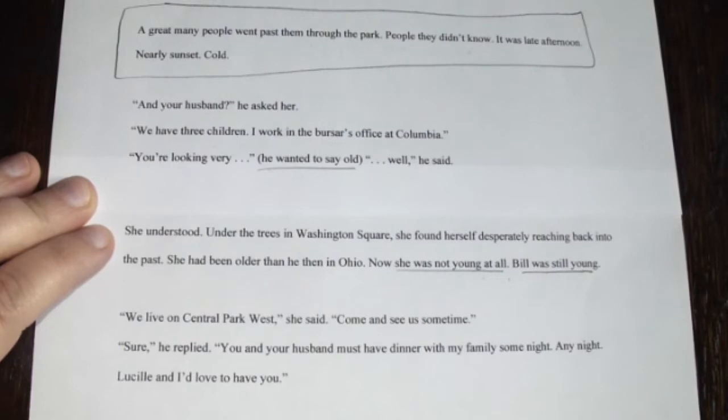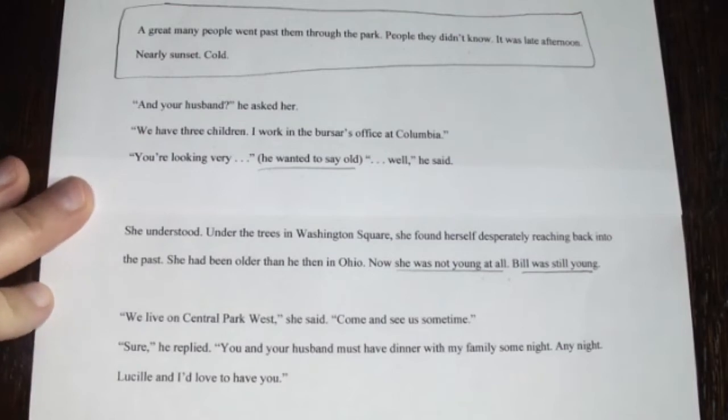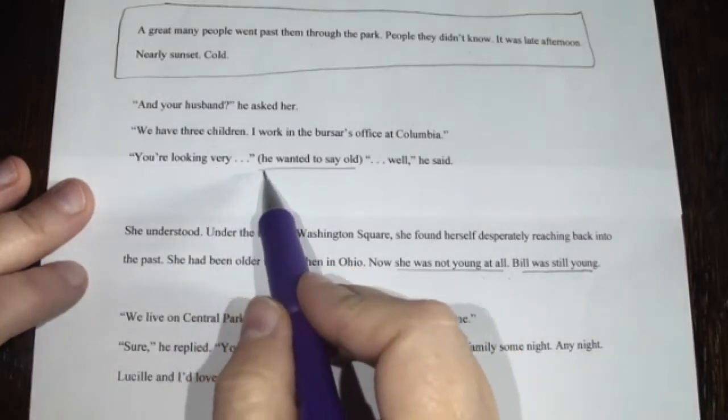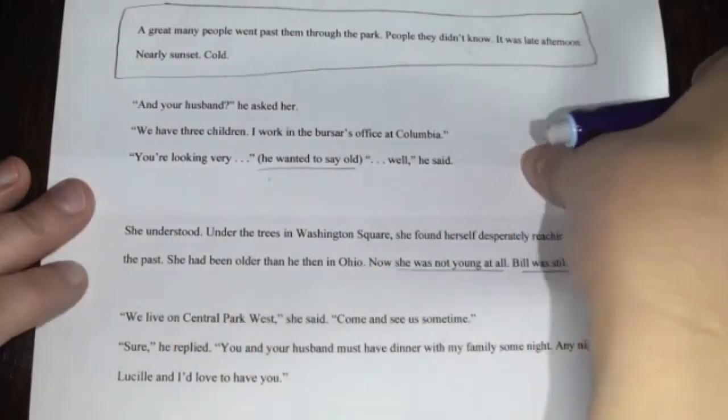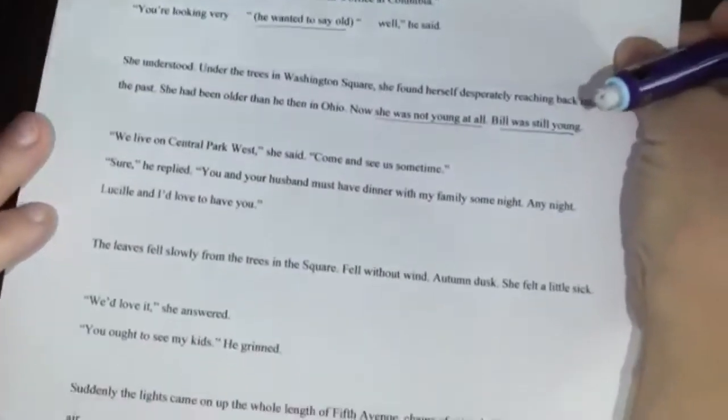So I'm not sure. I'm just keeping track of that because I think maybe this age thing is more than just their actual literal age, because Langston Hughes keeps bringing it up. So I'm going to pay attention to that because he wanted to say old. So she's looking old. I don't know. Let's just keep our brains on that, okay?